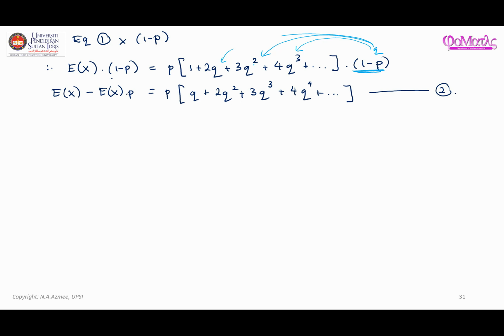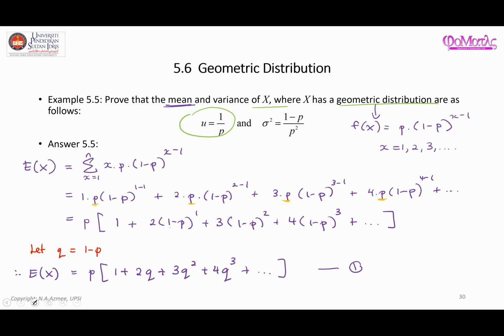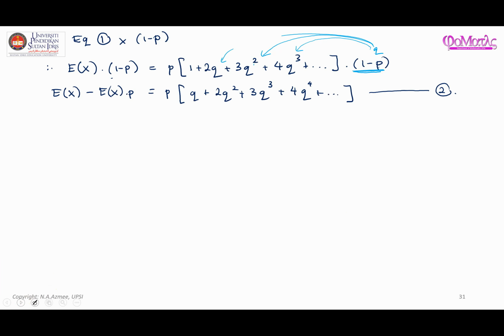Okay, next, the third phase is that we are going to have equation 1 minus equation 2. So we're going to do the next process, which is equation 1 minus equation 2.